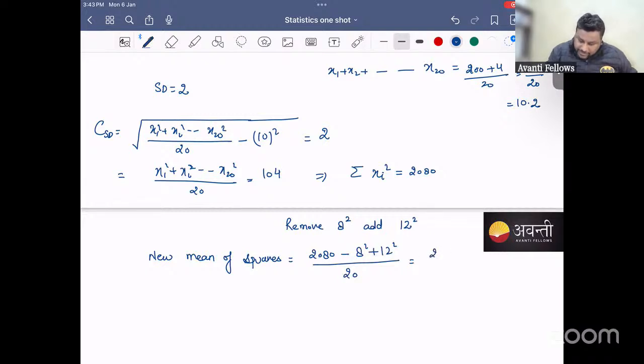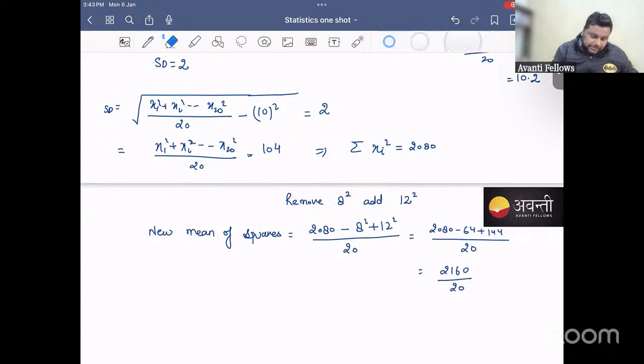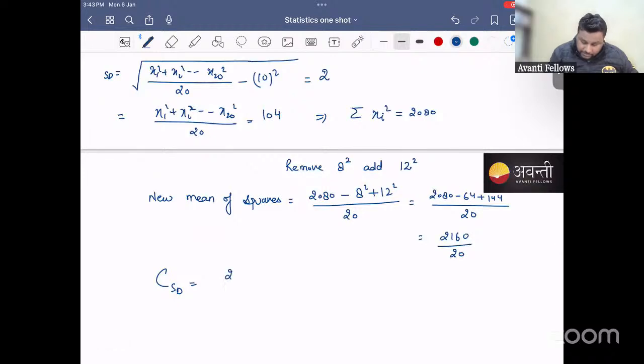So this will be 2080 minus 64 plus 144 upon 20. This will come out to be 2160 upon 20. So the correct standard deviation is 2160 upon 20, this is the mean of squares, minus square of mean 10.2 whole square, under root of this. This should be your answer.